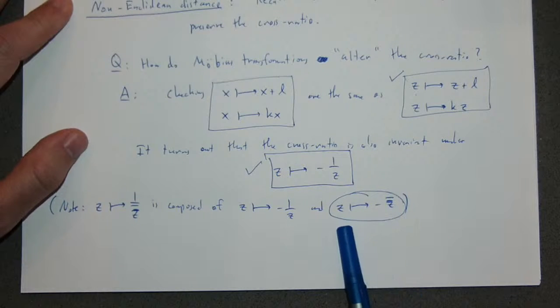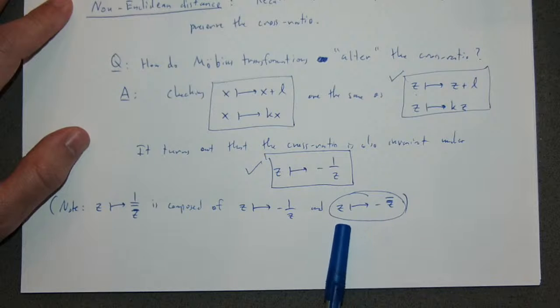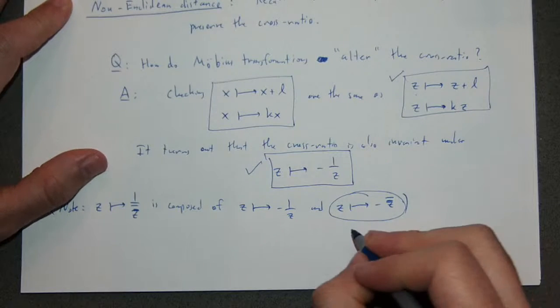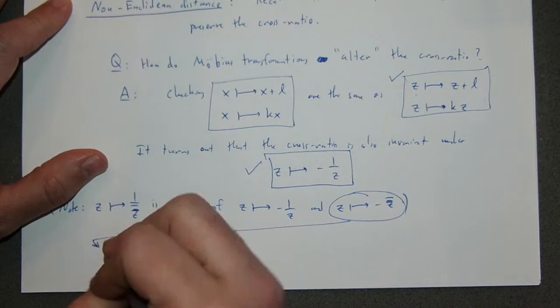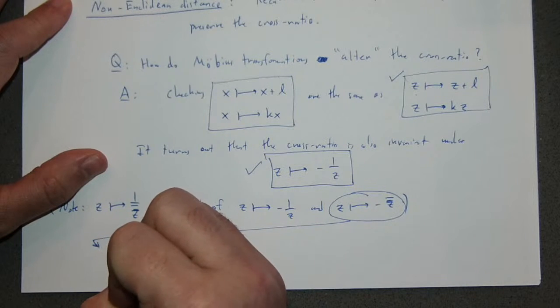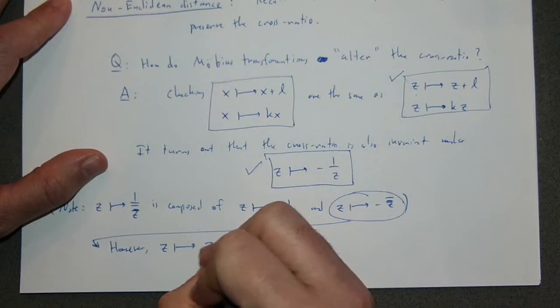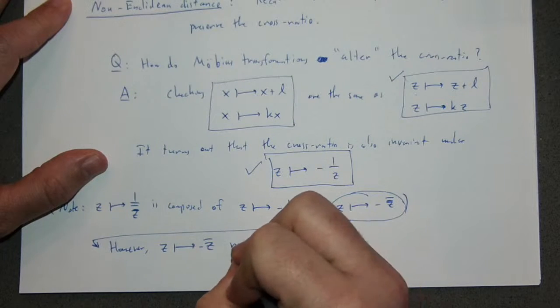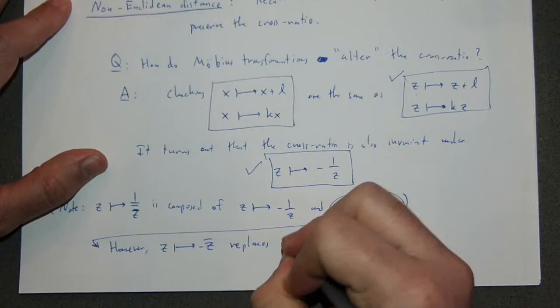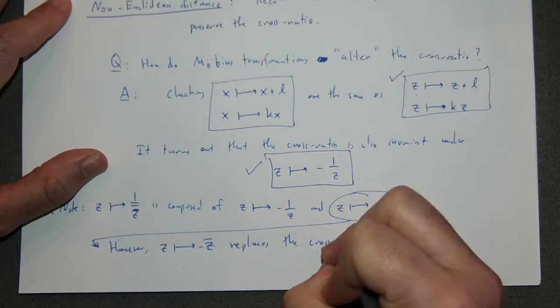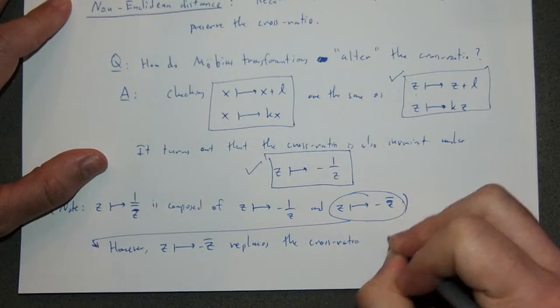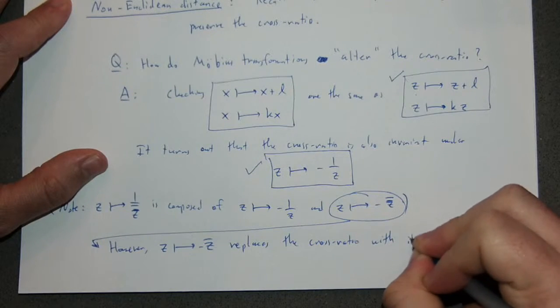It replaces the cross ratio with its complex conjugate. So z going to minus z bar replaces the cross ratio with its complex conjugate.